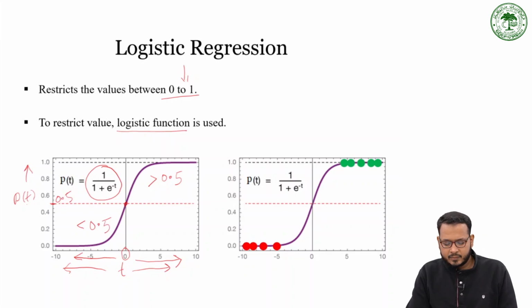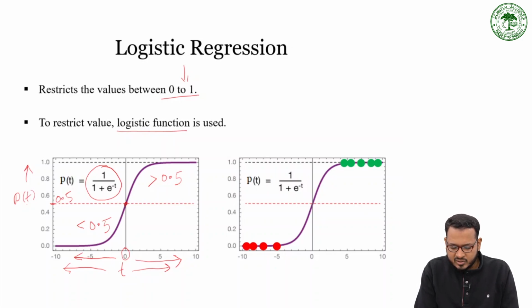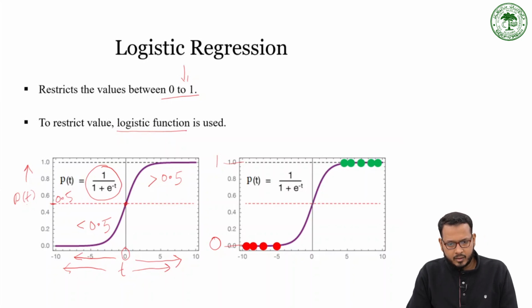Now this curve captures the behavior of the classification data we are having, where for some values the class is 0 and for some values the class is 1.